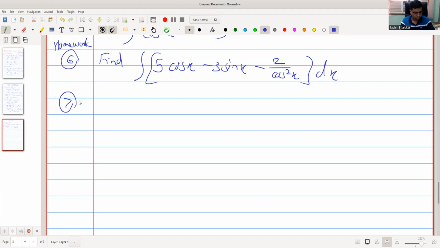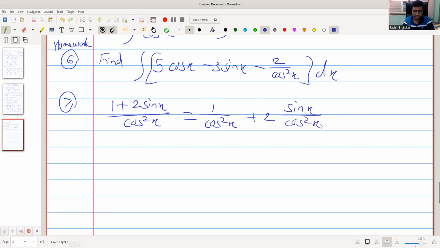Next function is (1 plus 2 sin x) upon cos squared x. So what we do here, we take separate denominators. So it is 1 upon cos squared x plus 2 times sin x upon cos squared x.